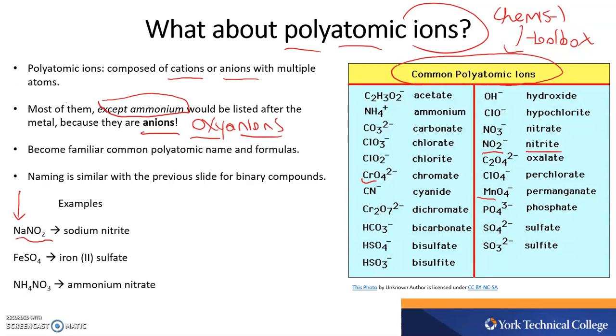And then we have FeSO4. This is a transition metal here. So sulfate has a 2- charge. By saying that, the iron has to be 2+ for the species to be balanced, charge neutral. And then lastly, we have ammonium and then nitrate.